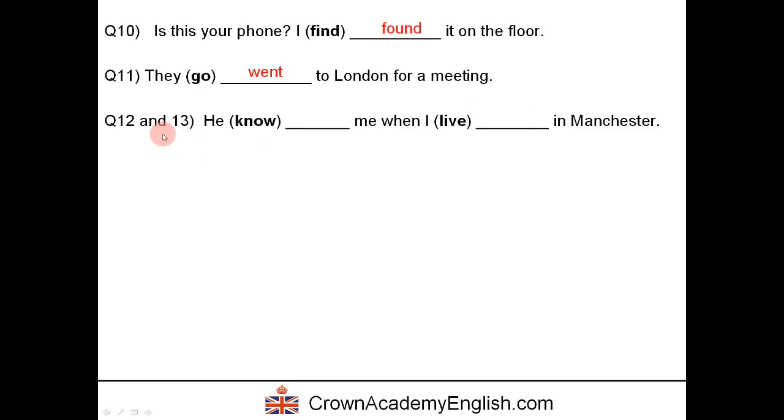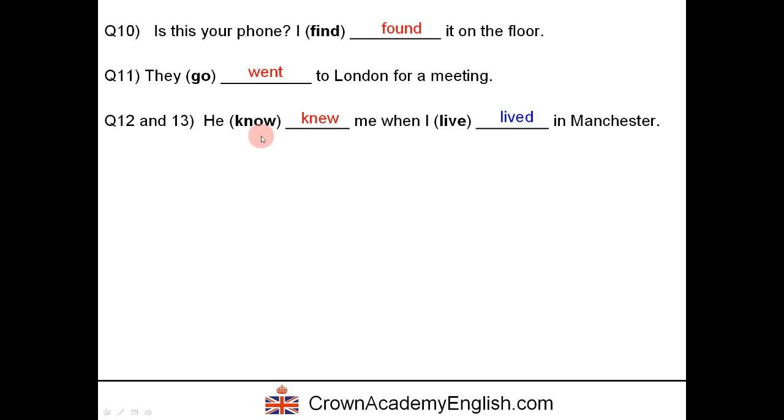Question 12 and 13. So there are two verbs, and I'll give you 10 seconds. Okay, so the answers are, he knew me when I lived in Manchester.